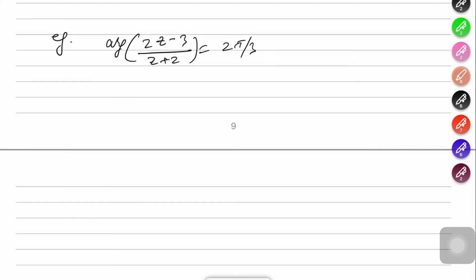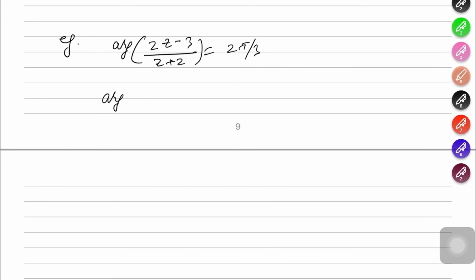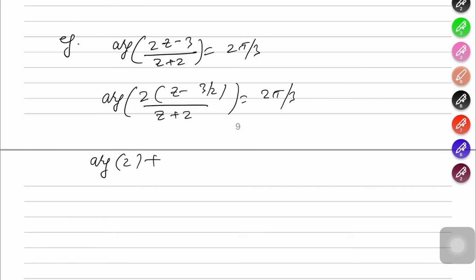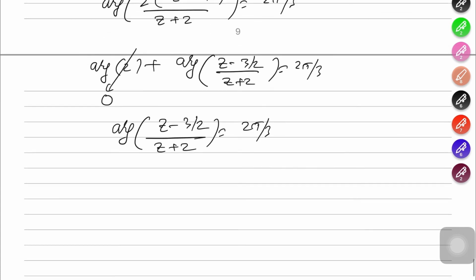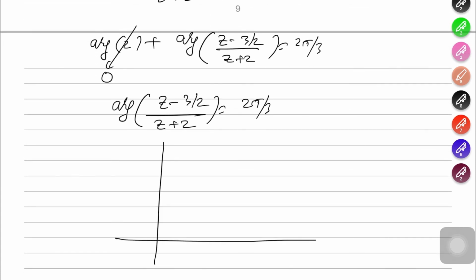So what I do, I take 2 as common, so 2 times (z minus 3 by 2) upon (z plus 2), argument equal to 2 pi by 3, and we can write argument of 2 plus argument of (z minus 3 by 2) upon (z plus 2) is equal to 2 pi by 3. Clearly argument of 2 is a constant positive, so it's 0. So we need to find the argument of (z minus 3 by 2) upon (z plus 2) is equal to 2 pi by 3.